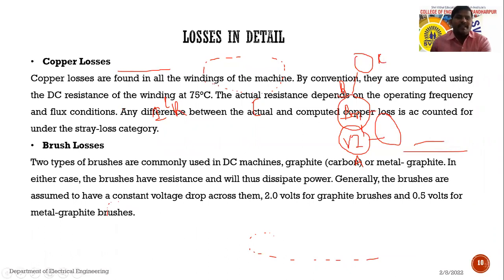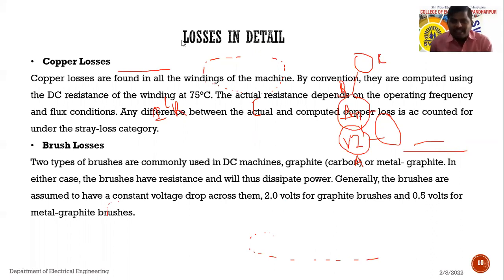Now we will see in detail how these losses occur, and what the reason behind these losses is. First is the copper loss, which we have seen. Copper loss is found in all the windings of the machine.